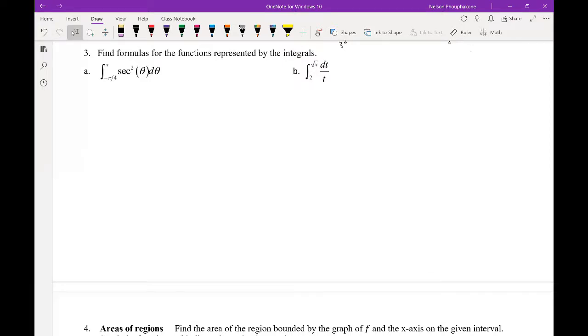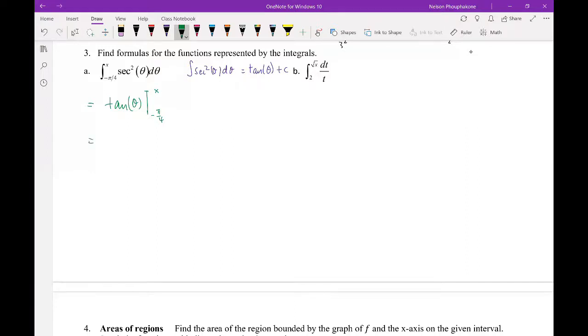Okay. So to this one, of course we know that the integral of secant squared theta d theta basically is tangent of theta plus c. The reason is the derivative of tangent of theta is secant squared theta, right? So then now we will have tangent of theta evaluated between -pi/4 and x. Okay, so to this one right here, then what do we have?